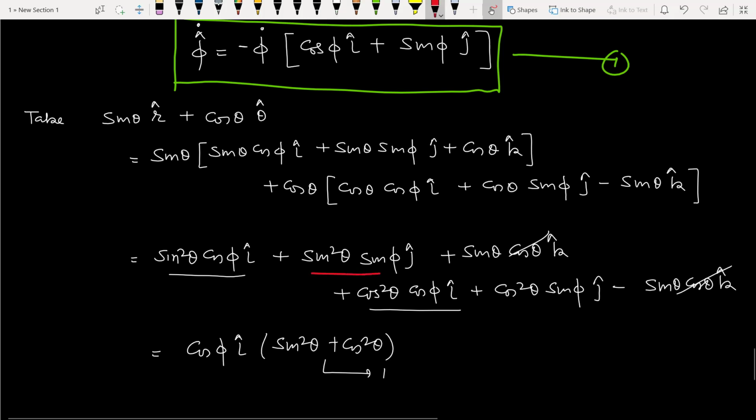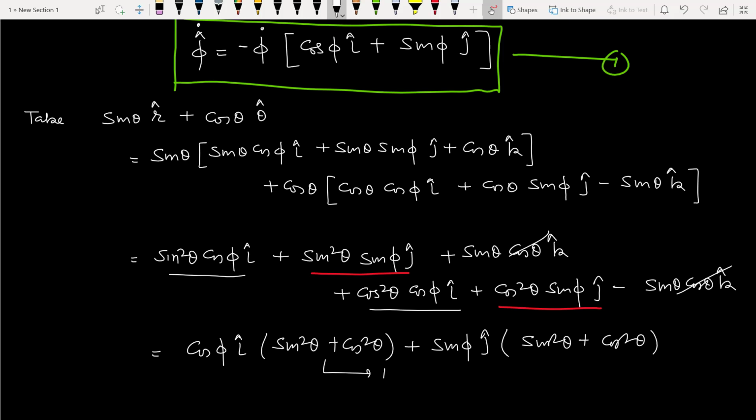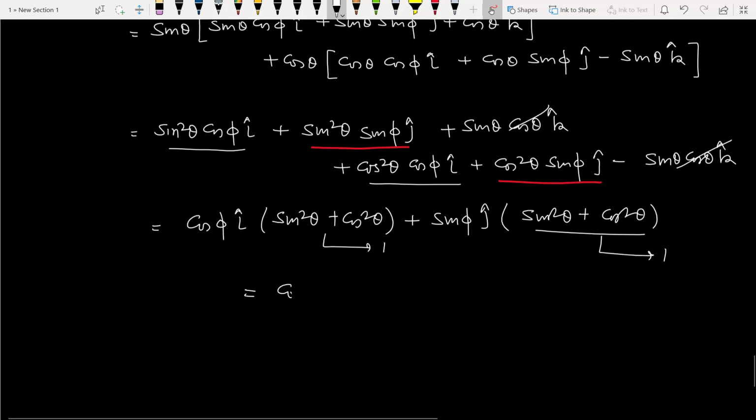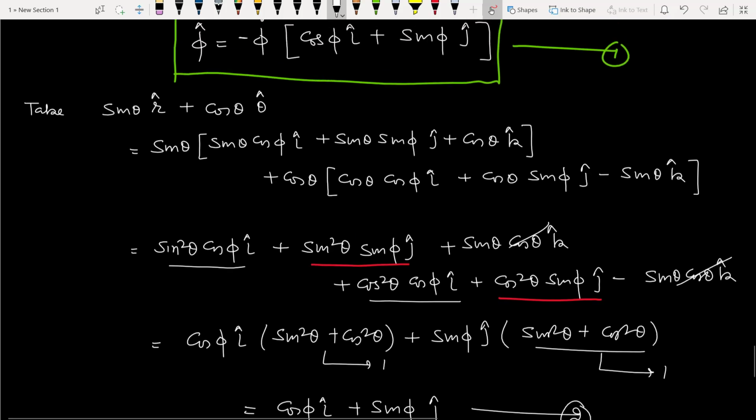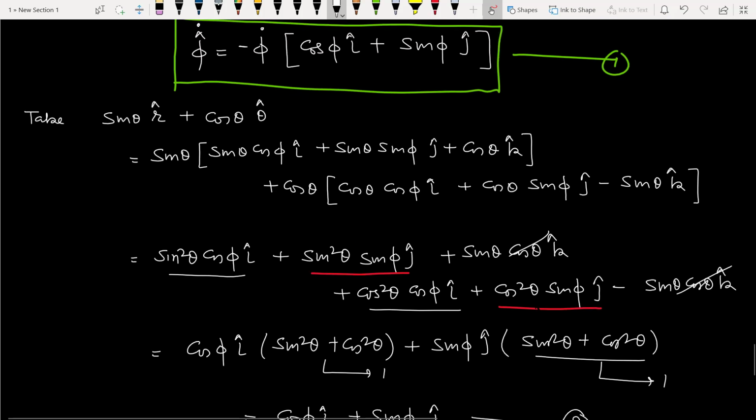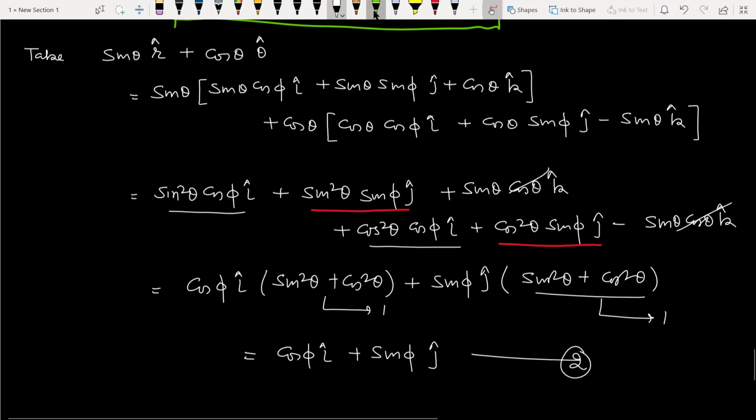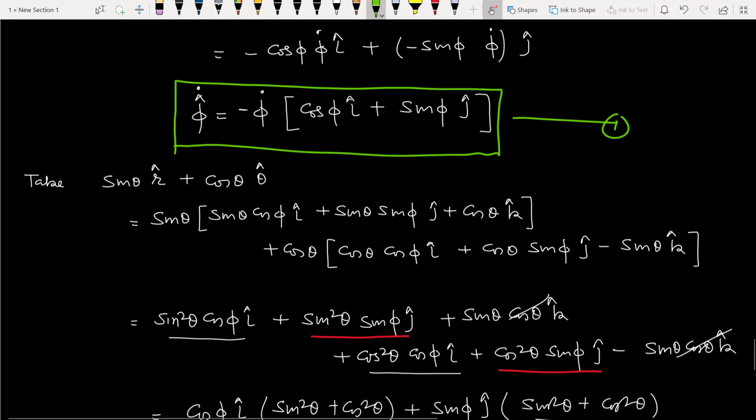Now look at these two terms. Sin phi j cap, sin square theta plus cos square theta, it is also equal to 1. So what we are left with? Cos phi i cap plus sin phi j cap. So mark this as equation number 2, and when you compare equation number 1 and 2, cos phi i cap plus sin phi j cap, this is the same value, so we can replace this value by this value.